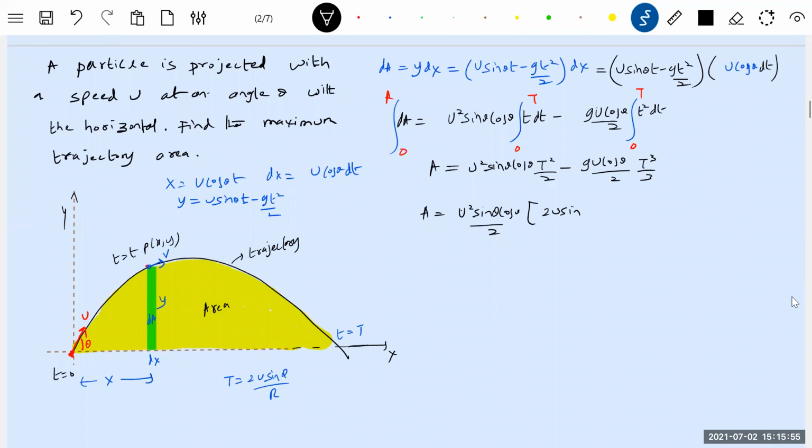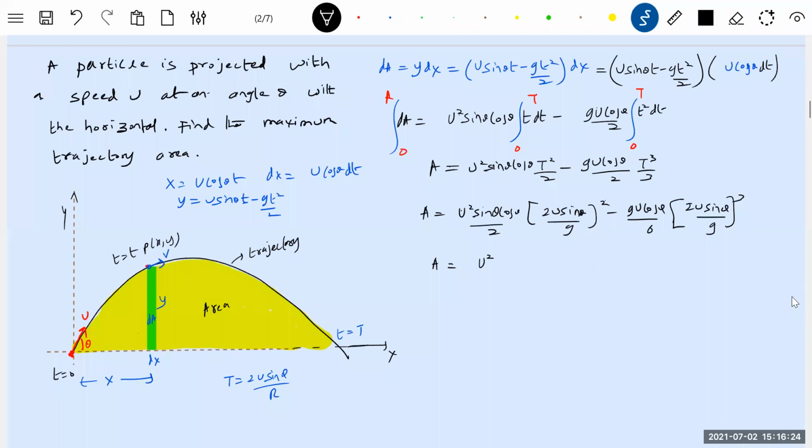Time of flight 2u sine theta by g. This will become 6, 2u sine theta by g whole cube. Oh, very big equation. Let's see what all we can do further.